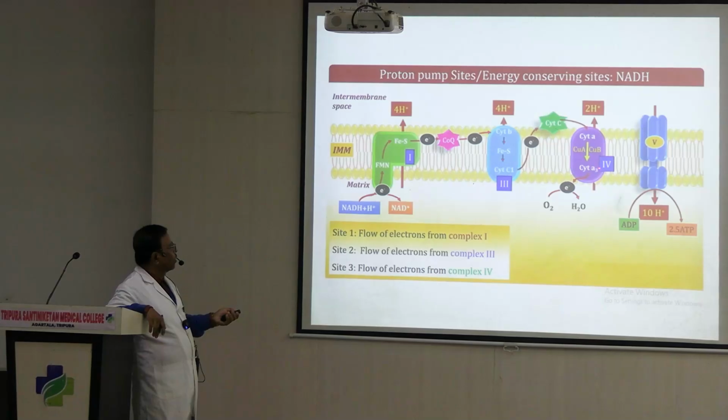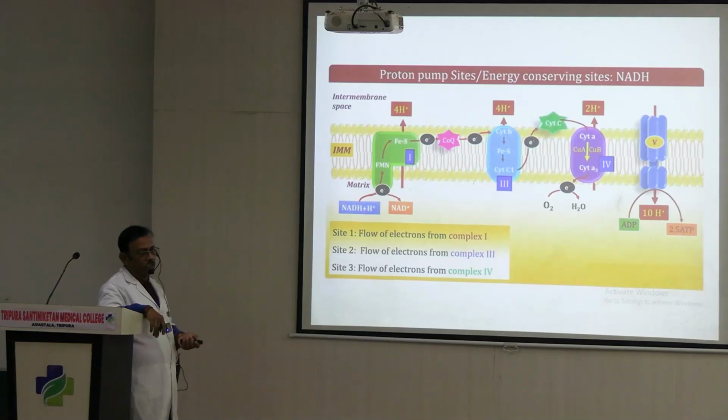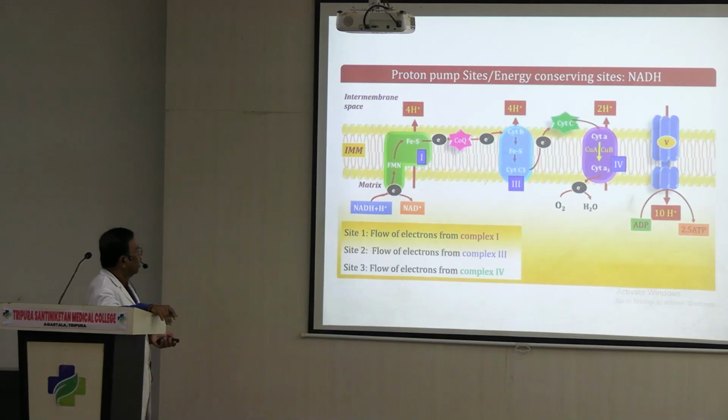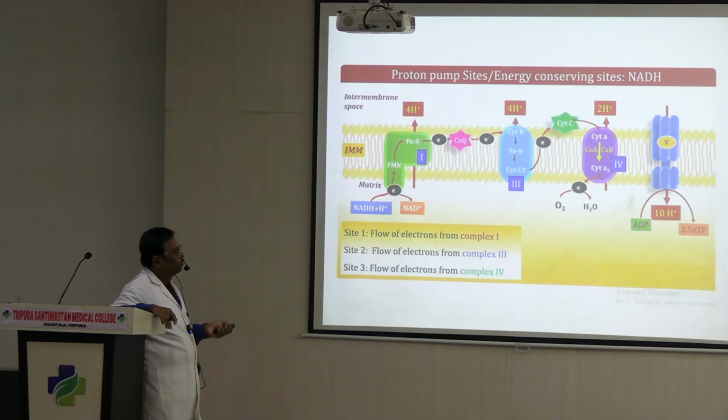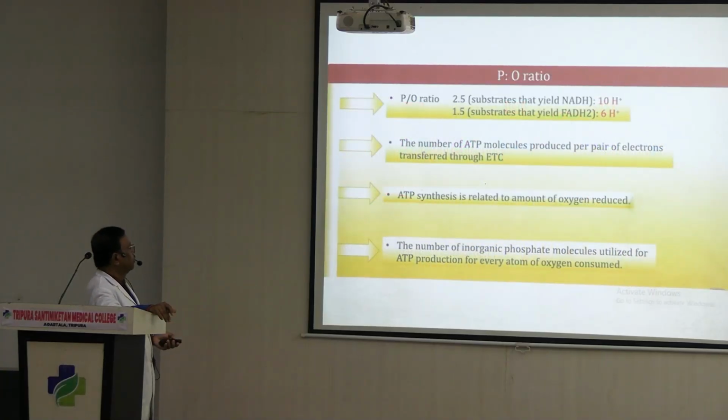Likewise, in complex 4 also, it is 2. So total 10 protons in case of NADH and 6 protons in case of FADH2. And this proton gradient is used by complex 5 to generate ATP, and for each ATP we need 4 protons to be passed through complex 5.